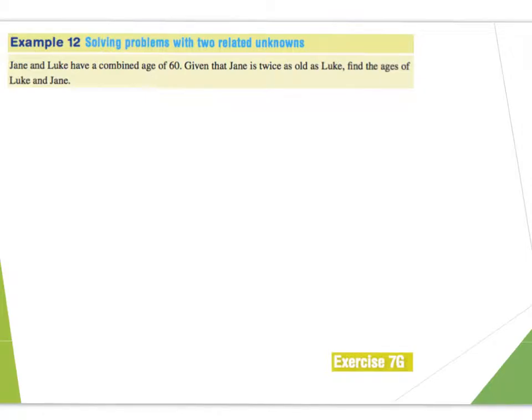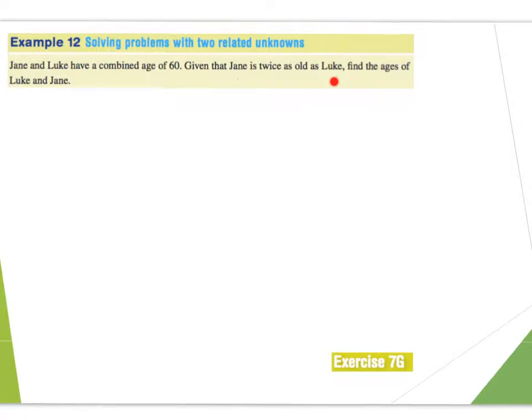Now let's be brave, and I'm not going to type in the steps on the right hand side. We're going to remember them. So step 1, define variables to stand in for unknown numbers. Now here we have 2 unknowns. We have Jane, and we have Luke.